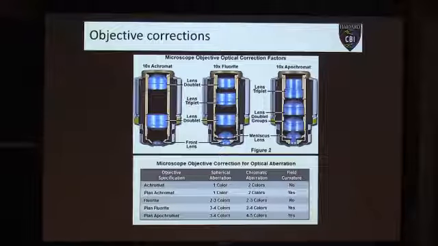Then what you're getting is spherical aberration correction across 3 or 4 colors, chromatic aberration correction across 4 or 5 colors, and a nice flat field. Right? So these are pretty much all we have on the microscope. There are a couple of exceptions, but for the most part, everything else is equal.